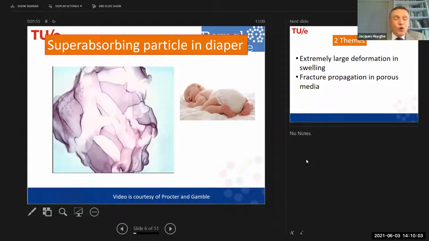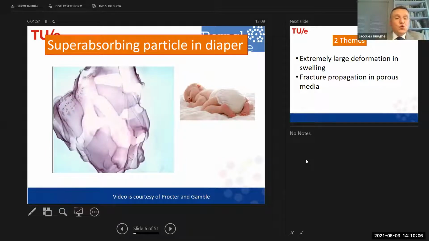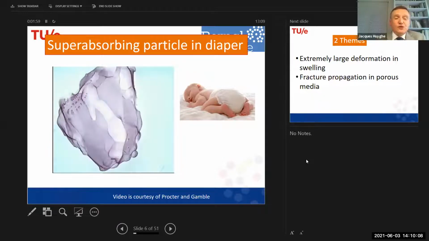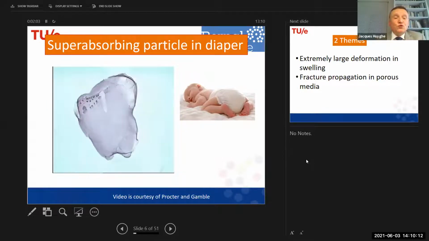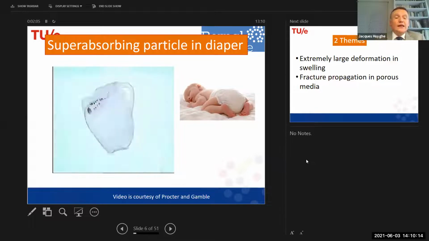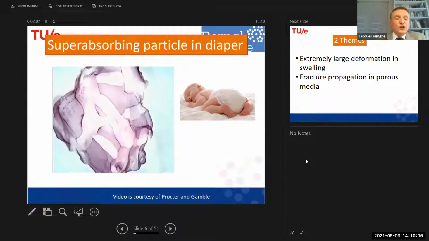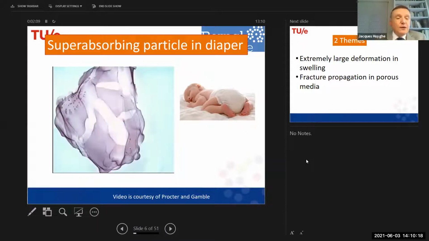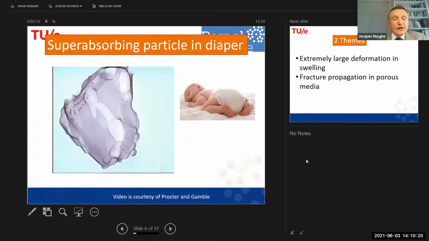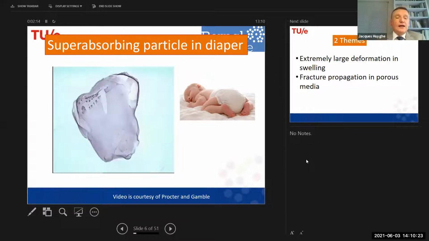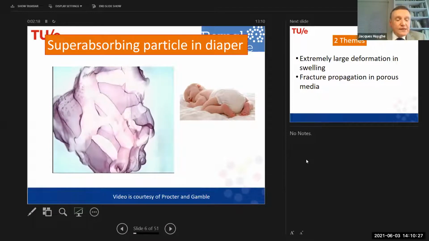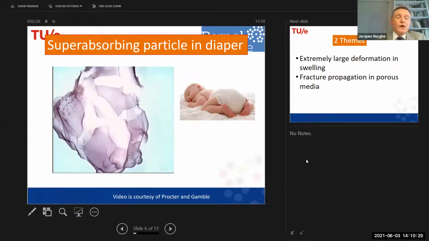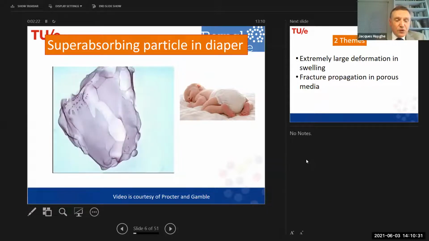This small particle swells as soon as it comes into contact with a gush of fluid. Now, in order to slow down the swelling and allow the fluid to reach deeper layers in the diaper, a cross-linked layer is applied to the particle and cracks as swelling goes on. So we have to do with swelling and with cracking.